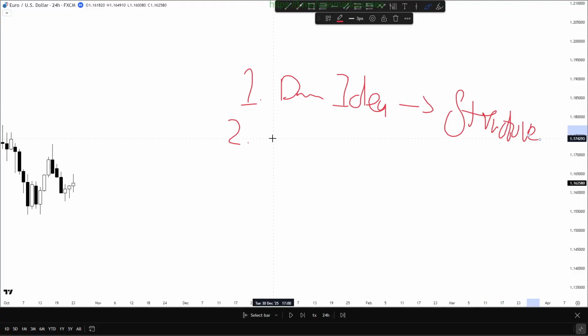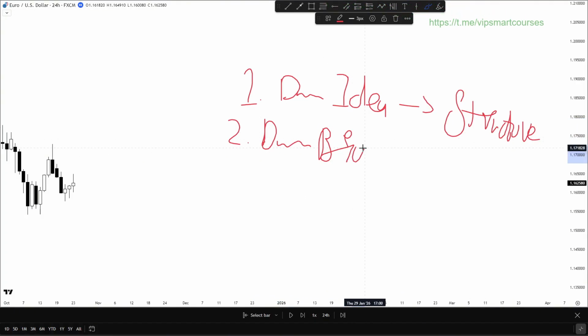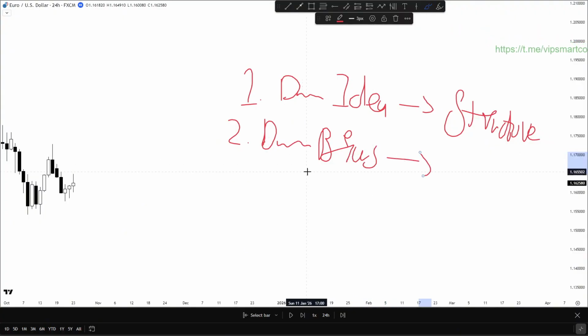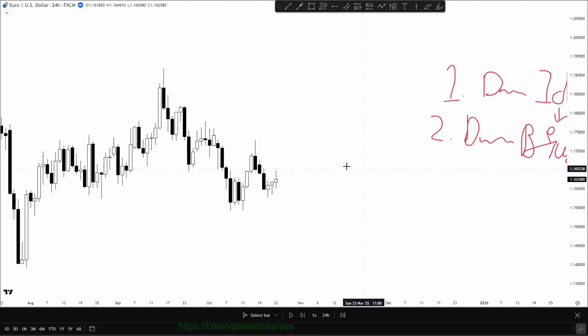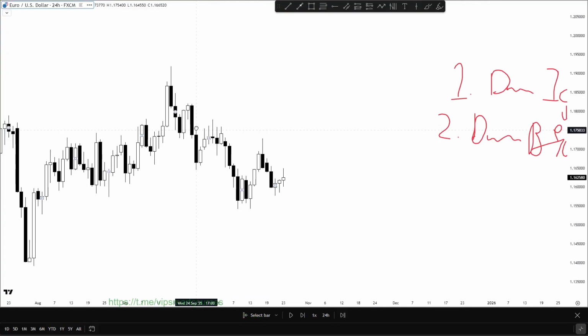The second step is building a directional bias from that idea through the concepts within the narrative component. So the first step is building a directional idea, and the next step is to establish a bias from that idea using the concepts within this component. Let's see how I did that.